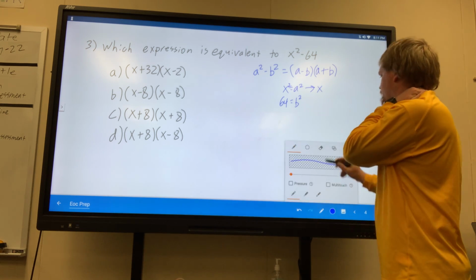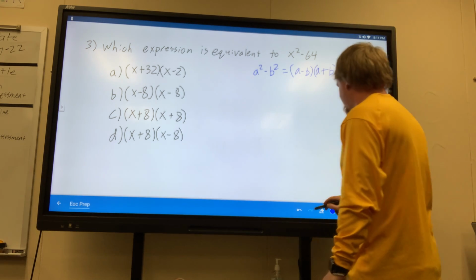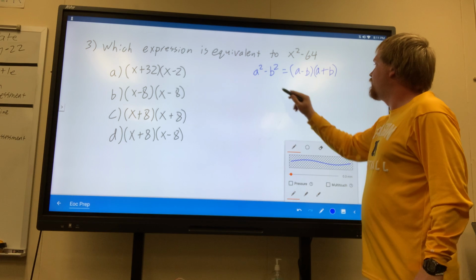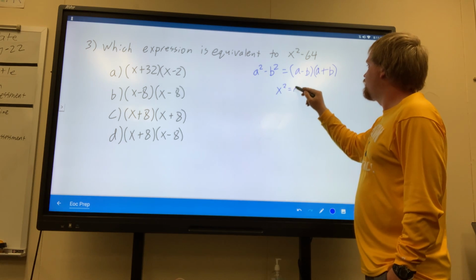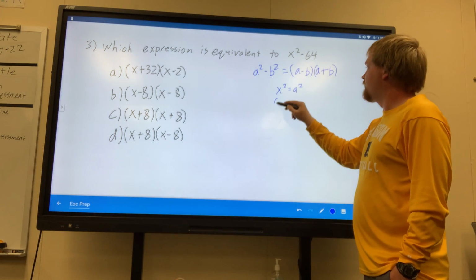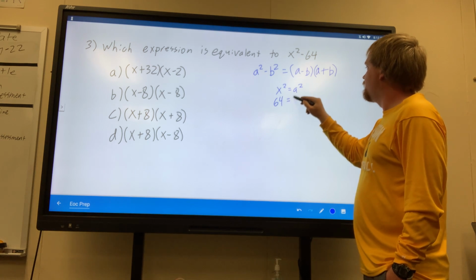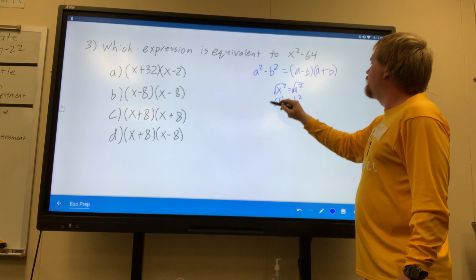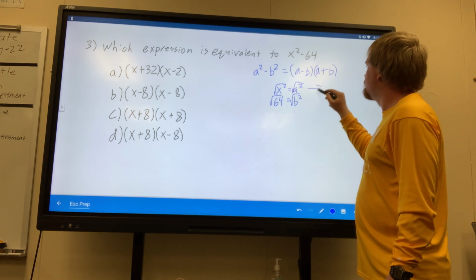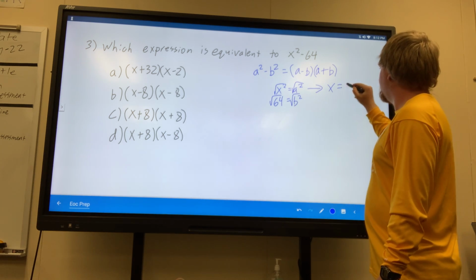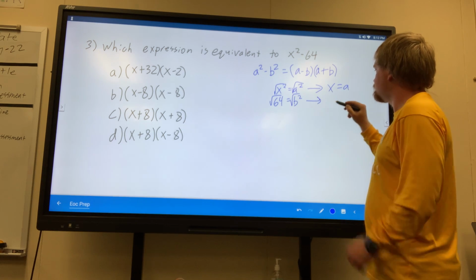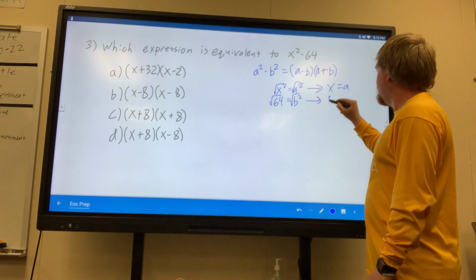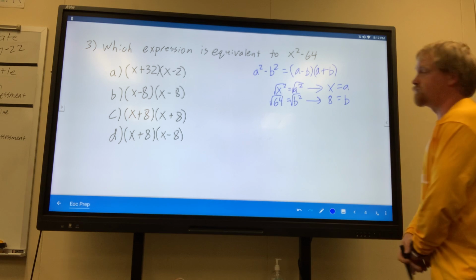Let me start over real quick, just to clarify, because I feel like that was a little bit confusing. So the x squared is a squared. 64 is b squared. But if I square root both of these, x is going to be a, and 8 is going to be b.